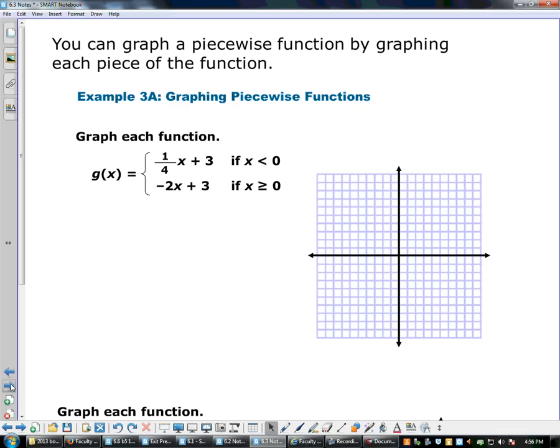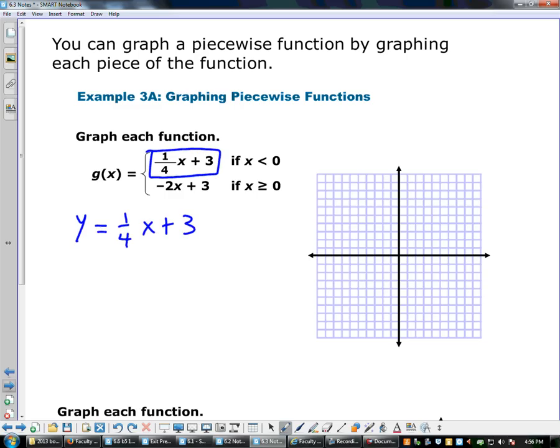Okay, so now we're going to look at how to graph a piecewise function by graphing each piece of the function. So make sure you put this one in your notes. We're graphing g of x equaling 1/4 x plus 3 for x less than 0, and -2x plus 3 if x is greater than or equal to 0. So if we start off with this first part, really think of this as the line y equals 1/4 x plus 3.